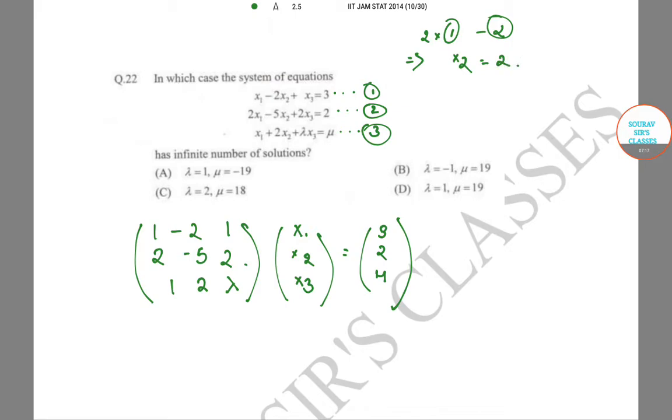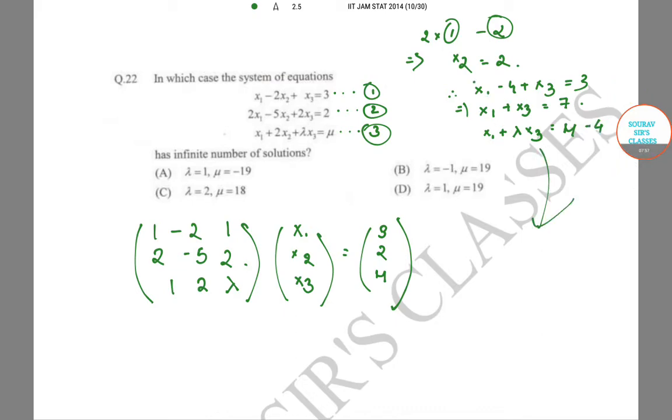So we get x2 equal to 2. Therefore x1 minus 4 plus x3 equal to 3, or x1 plus x3 is equal to 7. From third equation, x1 plus lambda x3 is equal to mu minus 4.